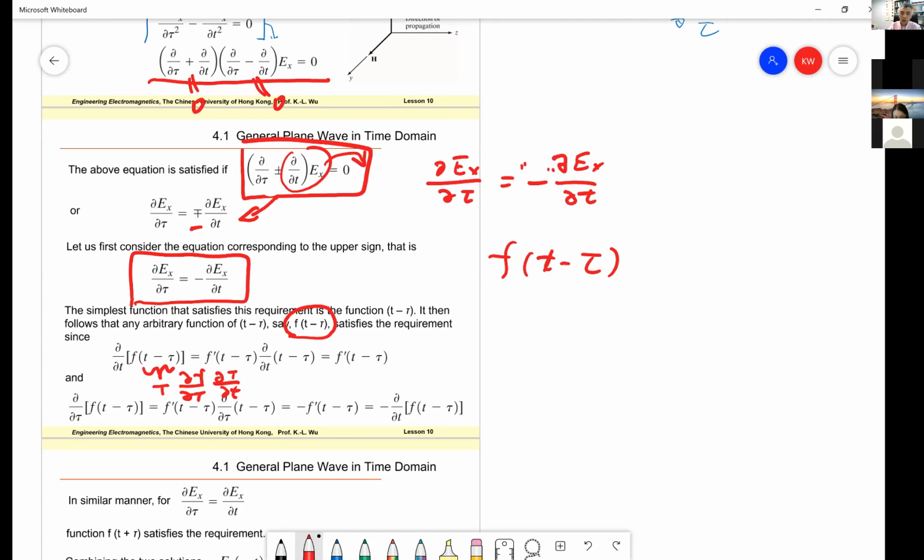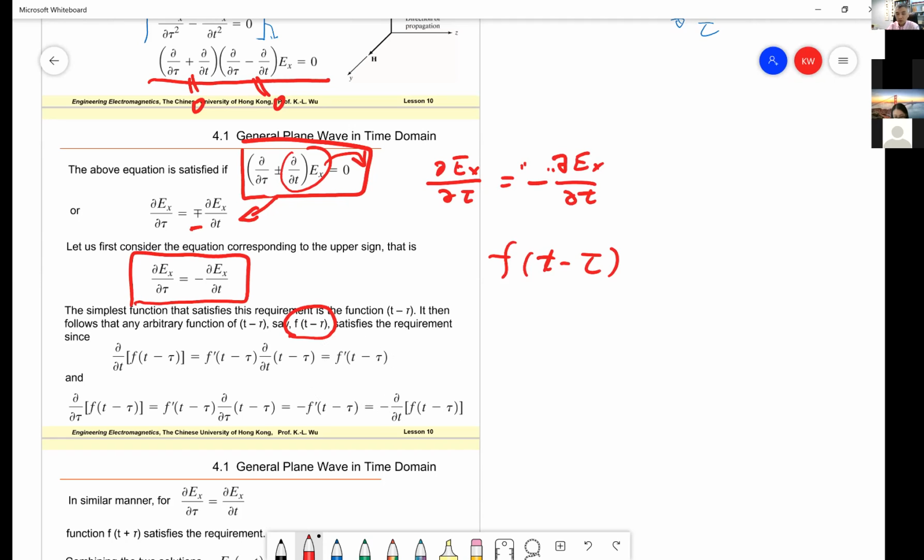So this is the chain rule in calculus, so we don't repeat this. We take the chain rule, then this derivative is partial f, partial capital T, then partial capital T to partial small t. So this is our derivative, okay?